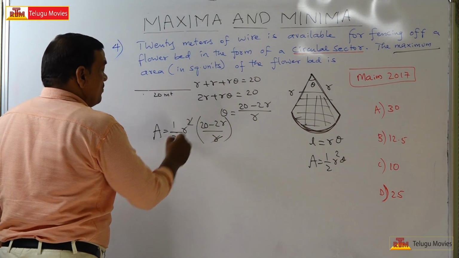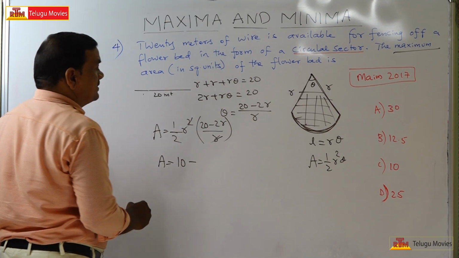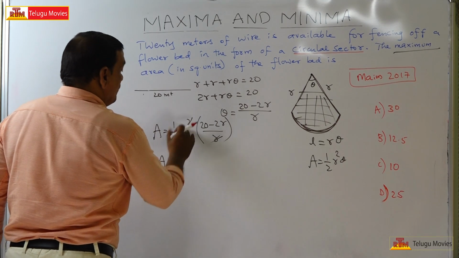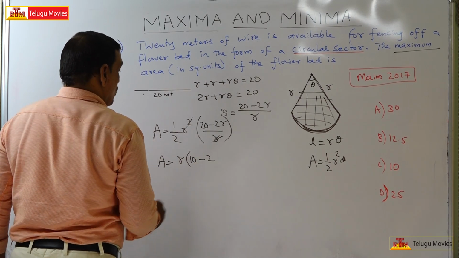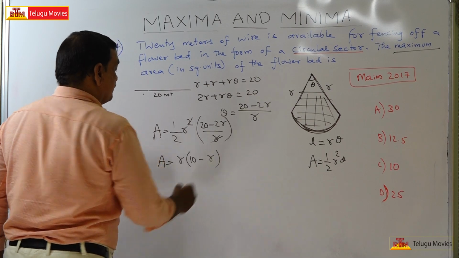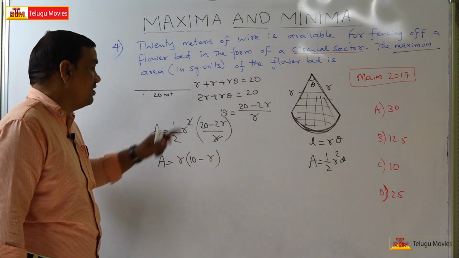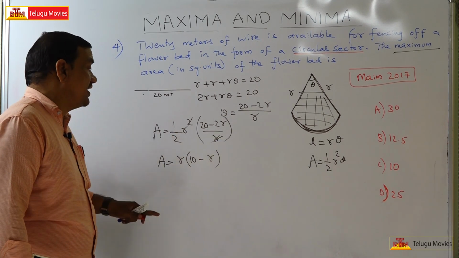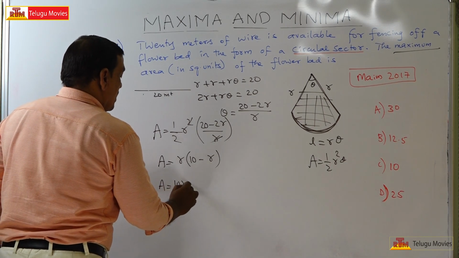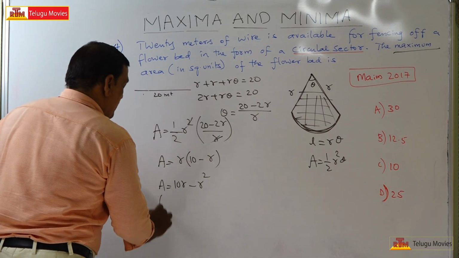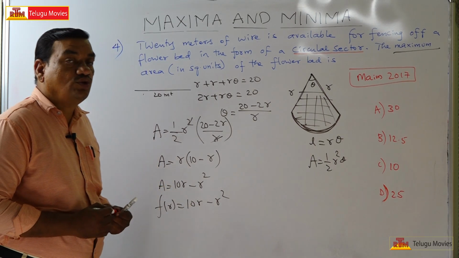One r will be cancelled, and the 2 will also cancel. Taking 2 common from 20 minus 2r gives 10 minus r, so A is equal to r into (10 minus r), that is A equals 10r minus r square. So this is your function, f of r is equal to 10r minus r square. This function has to be maximized.